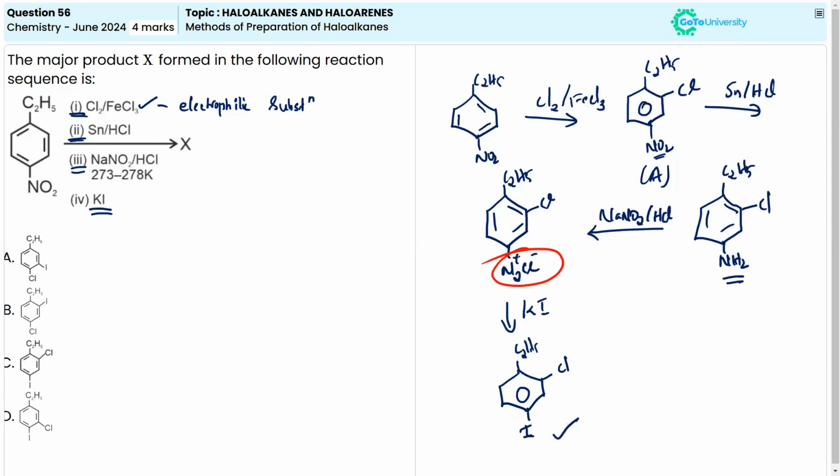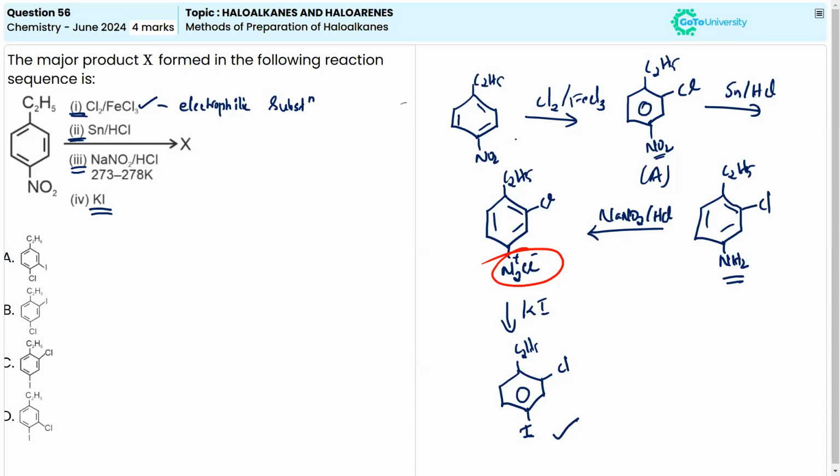Okay, so see here we have a series of reagents. The reactant, which is an aromatic nitro compound, in the first step reacts with chlorine and ferric chloride. So it will undergo an electrophilic substitution reaction, because in presence of FeCl3, chlorine will behave as an electrophile.